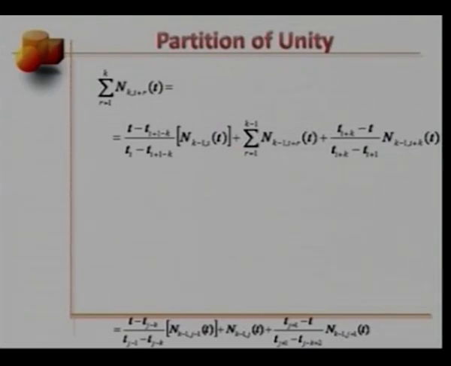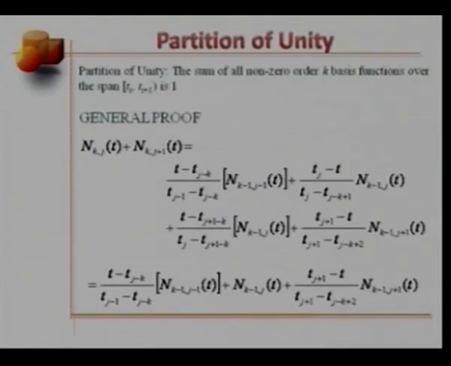Let me go back. If you look at this expression over here, in the summation n_k,j and n_k,j plus 1, n_k minus 1,j get added together.